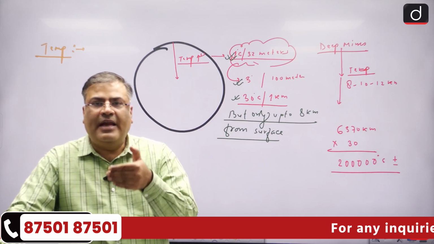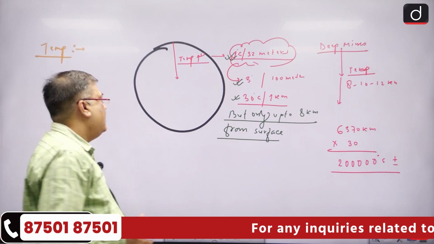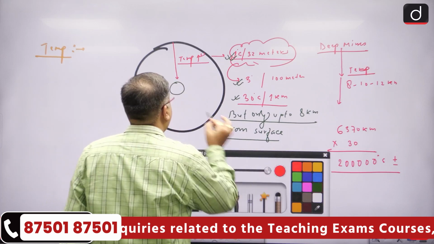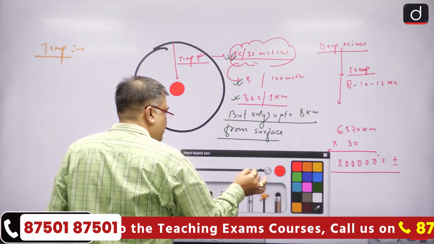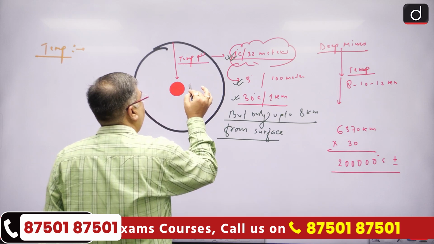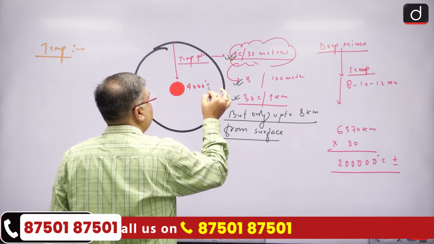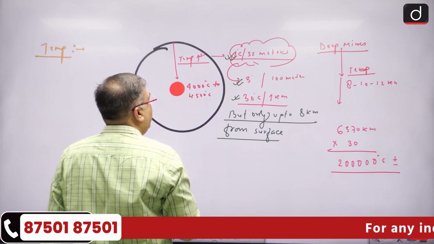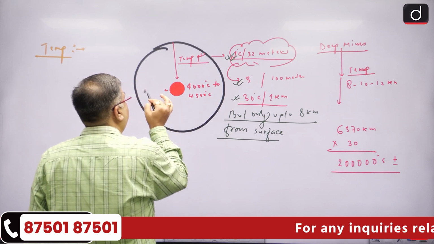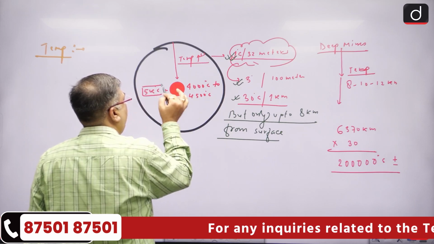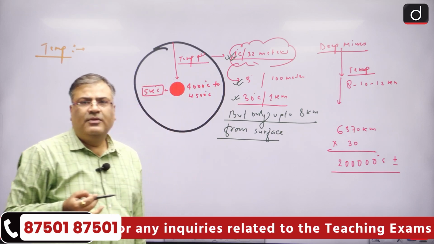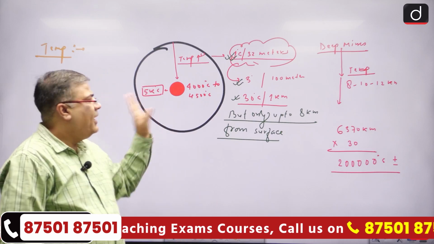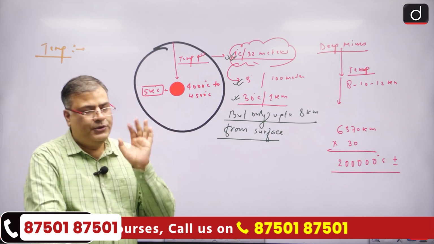This is why we have concluded that at the depth of 6370 kilometers, the temperature should be around 4000 to 4500 degrees C. Sometimes you read that it is around 5000 degrees C. It is approximate, not a matter of much discussion. This is the temperature in the interior.